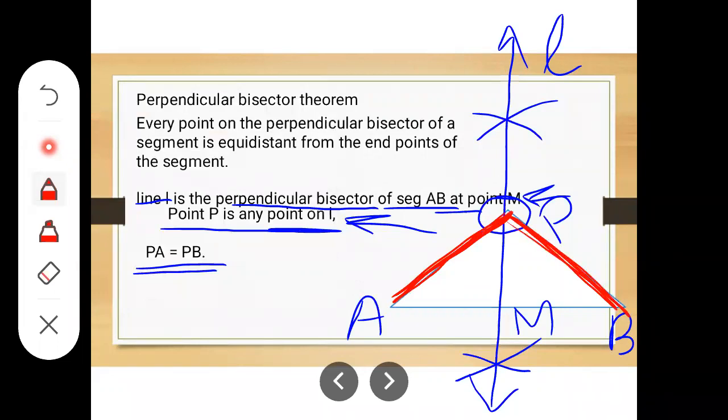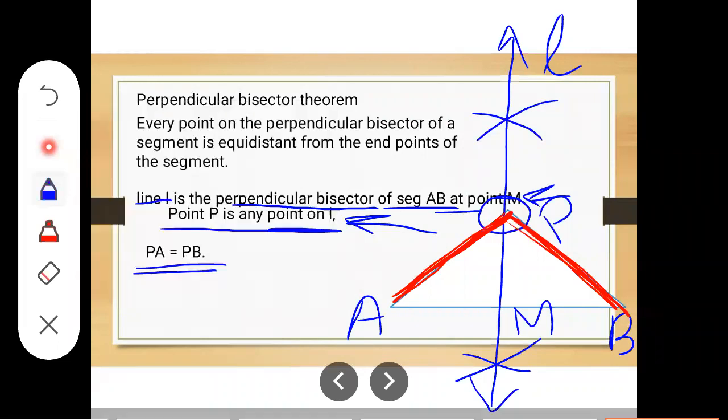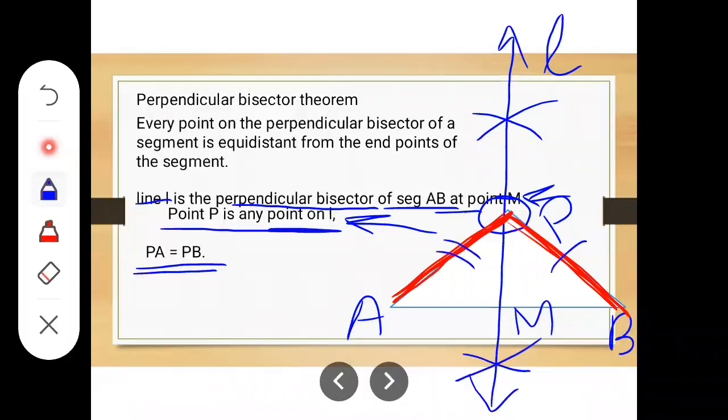I have drawn one segment AB and its perpendicular bisector, and taken one point P on the perpendicular bisector, and let's measure the length from P to A and P to B. What I found is that both lengths are equal to each other. Those are congruent segments having the same length.